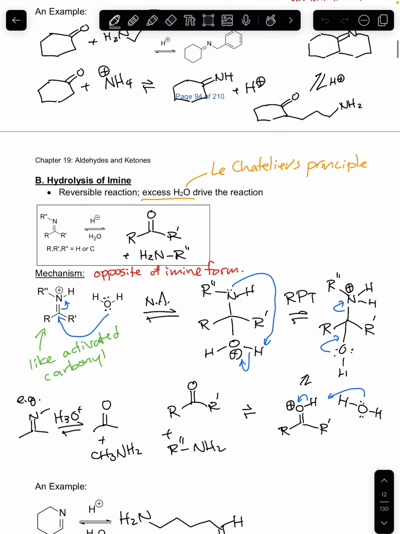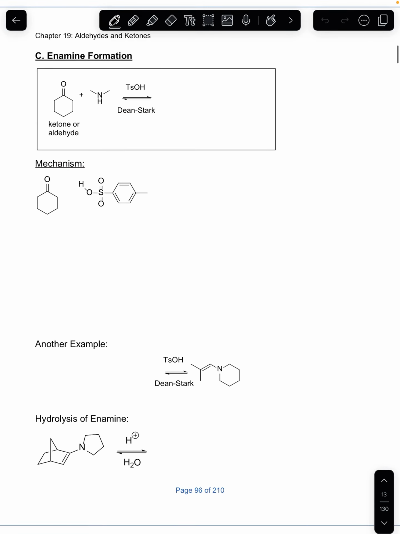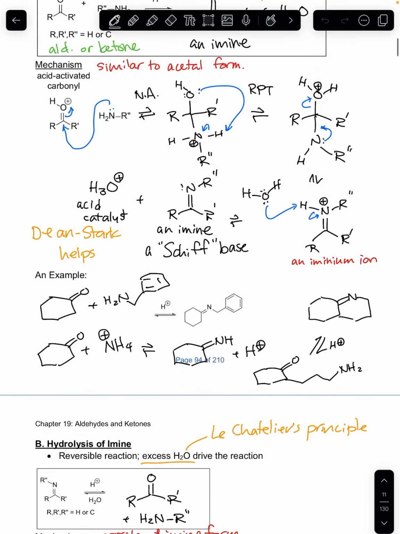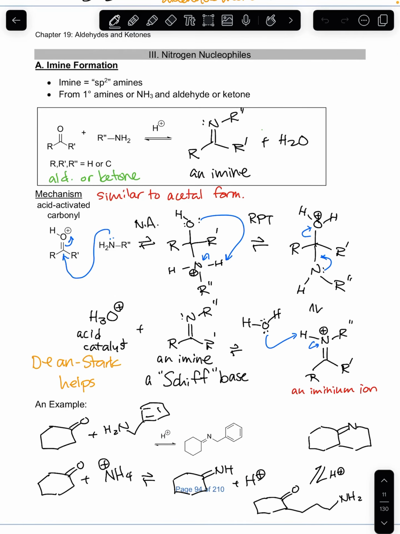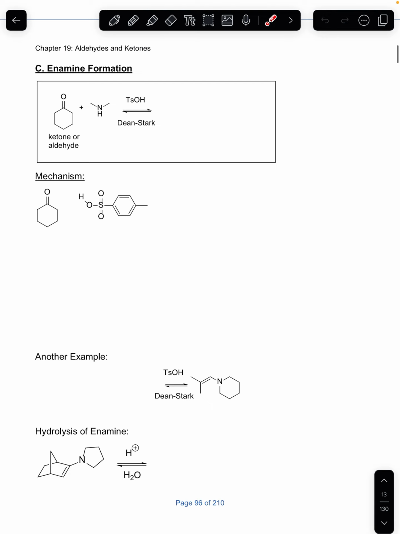Remember last time we talked about the formation of imine and the hydrolysis of imine. The formation of imine happens with the primary amine and a carbonyl, a ketone or aldehyde, that gets you to the imine.